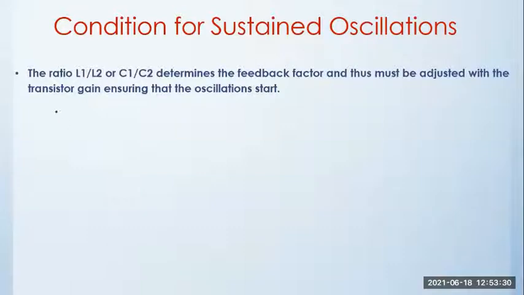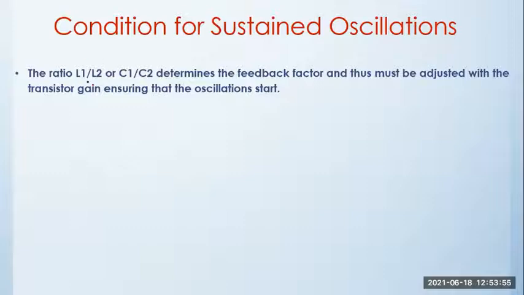Now, what will determine the condition for the gain for sustained oscillations? Here, one advantage of these LC oscillators is we can equate the gain to the ratio of inductors or the ratio of capacitors which we have used in the feedback loop. Remember, we have used a set of inductors and a set of capacitors in the feedback loop.